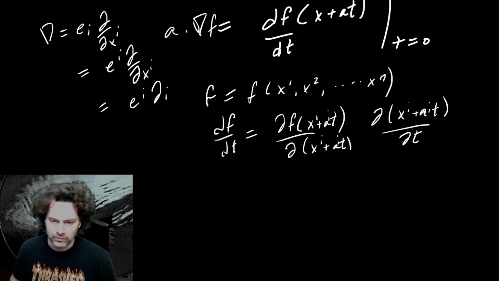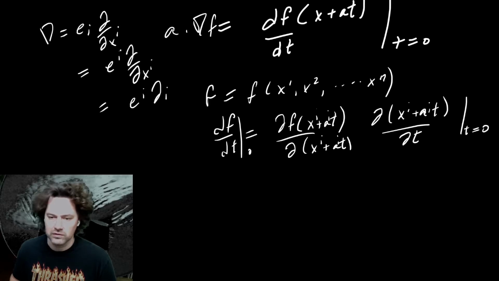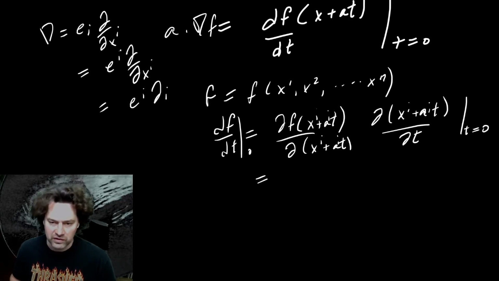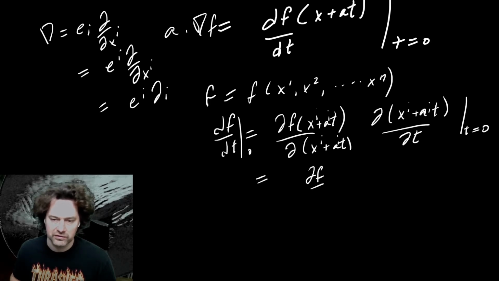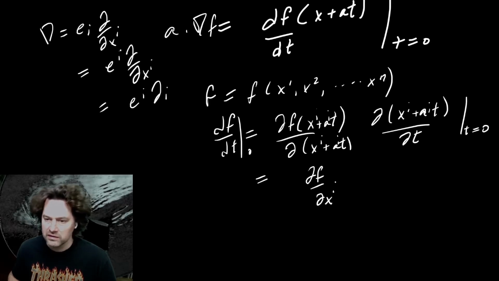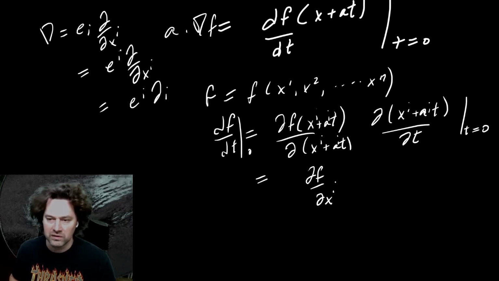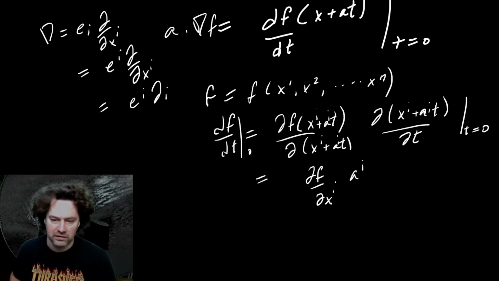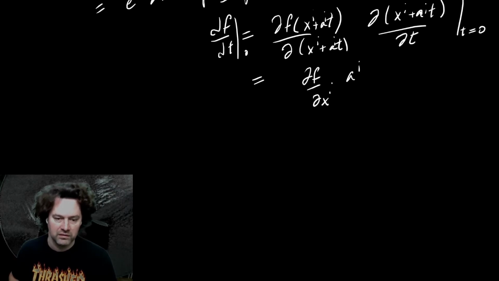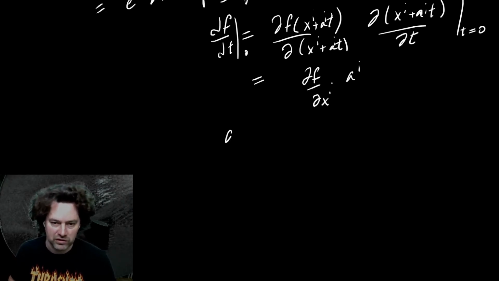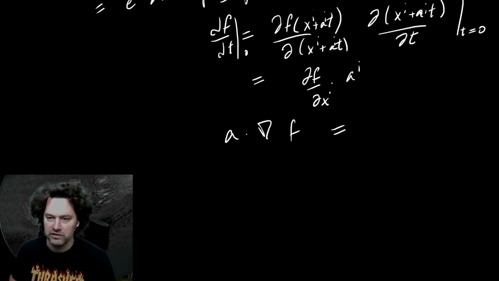And we're going to evaluate this at t equals 0. This is df dxi times ai. So we have a structure here. So a dot grad of f is ai df dxi.